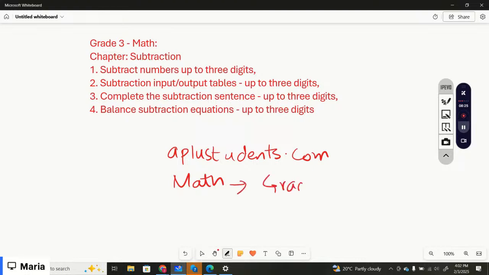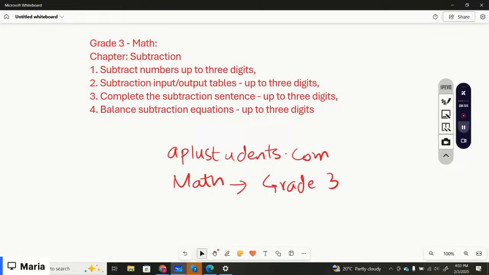Scroll down to grade 3 math and then click on view all lessons. There you can find a list of the chapters. We're going to start with the chapter subtraction.